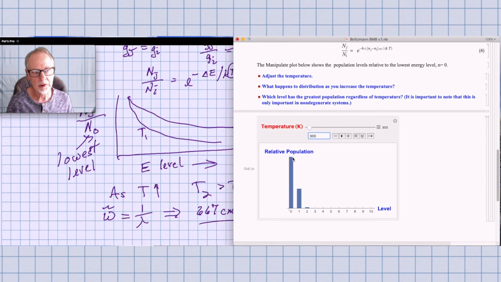In fact, this is 667 wave numbers. If we were looking at something over 3,000 wave numbers, like the carbon-hydrogen stretch, there'd be far, far more molecules in level 0 than any other level.